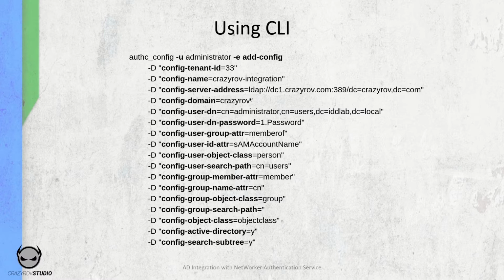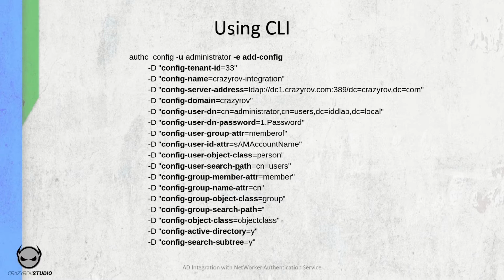The config domain is again the name of your domain. Config user DN is the user that you are using for accessing the Active Directory. The DN password is the password for that particular user. User group attribute is memberOf. User ID is sAMAccountName. We have already seen all this.